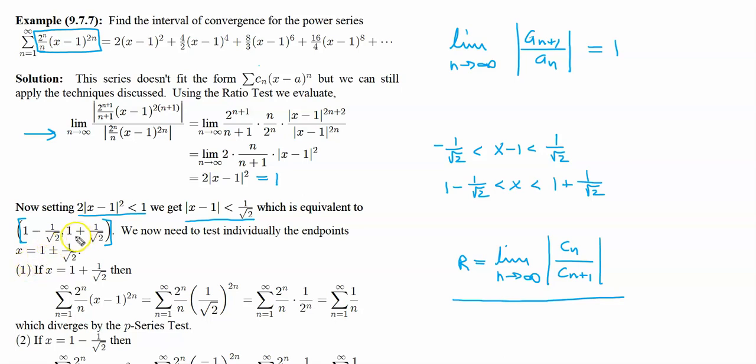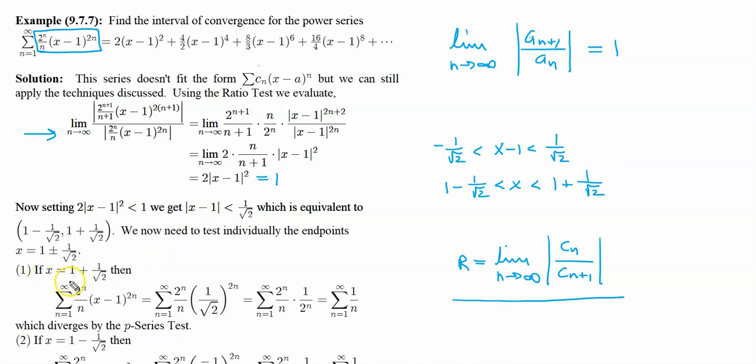whether or not we should put closed brackets here, or at both locations. Okay, so if we plug these numbers into the power series and we get convergence, then we need to put closed brackets around one or both of those endpoints. So let's see, that's exactly what we're doing right here now.